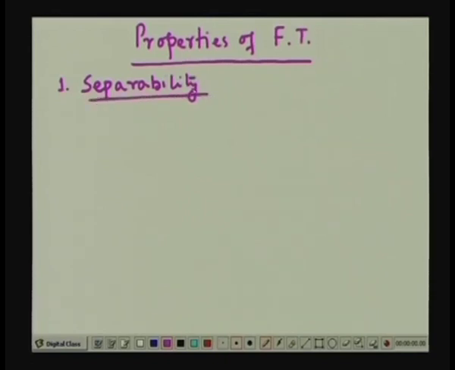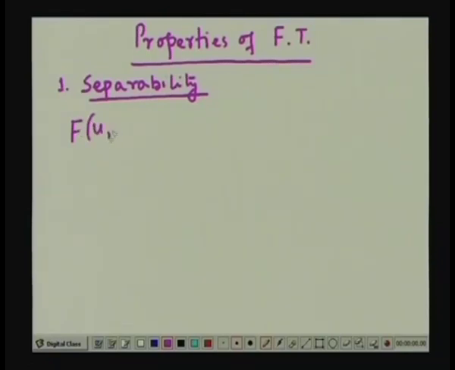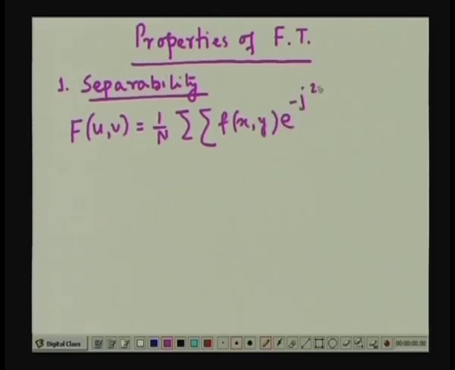Now, if you analyze the expression of the Fourier transformation, the Fourier transformation F(u,v) is given by 1 upon N, double summation f(x,y) e to the power minus j 2 pi by N into (ux plus vy), where we are assuming a square image of size N by N, and both x and y vary from 0 to capital N minus 1.